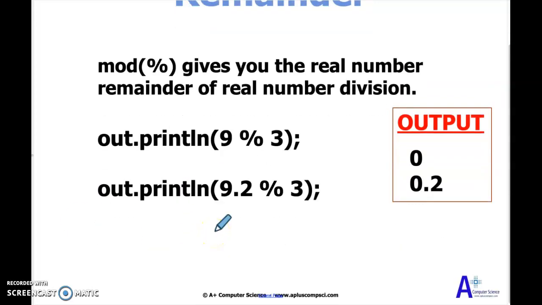Please note that if you do modulus division on a real number or a double, it will give you the straight up decimal piece. So if they're both integers, you will get the remainder. If one of them is a double, you get the decimal remainder.